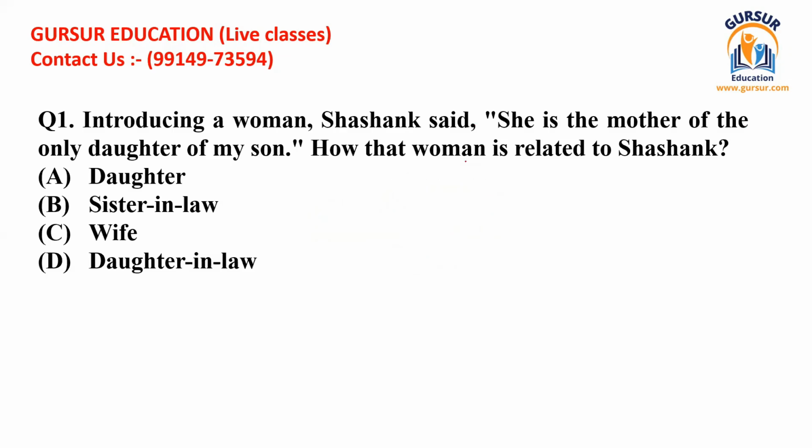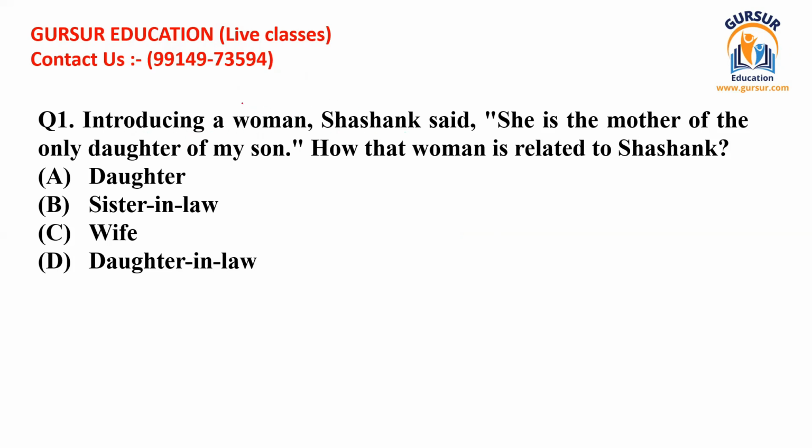First of all, I am going to tell you what the structure of the question will be. First, two parties shall be given to you at the very beginning of the question, like: introducing a woman, Shashank said.